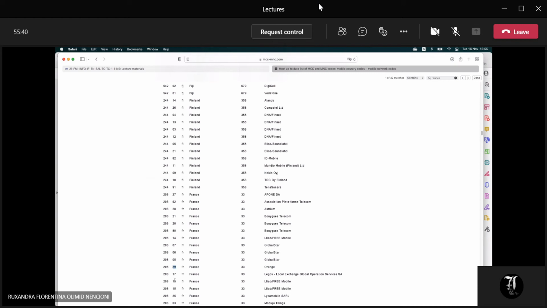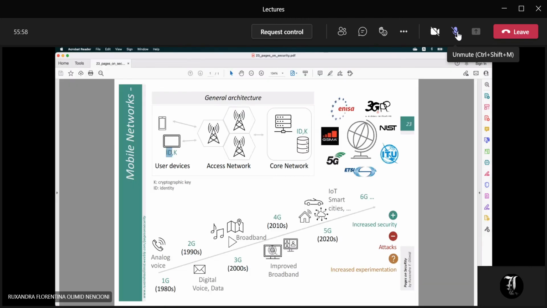So every Orange SIM card in France will start with 208 29. Basically, this ID is similar to the MAC address because the first part gives me the home network, the country and the operator. And the others, of course, identify the user itself.